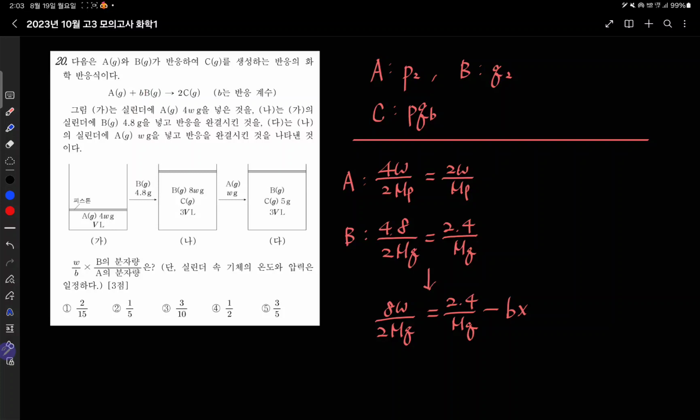So the amount of mole in gas A molecule is 2W over MP.